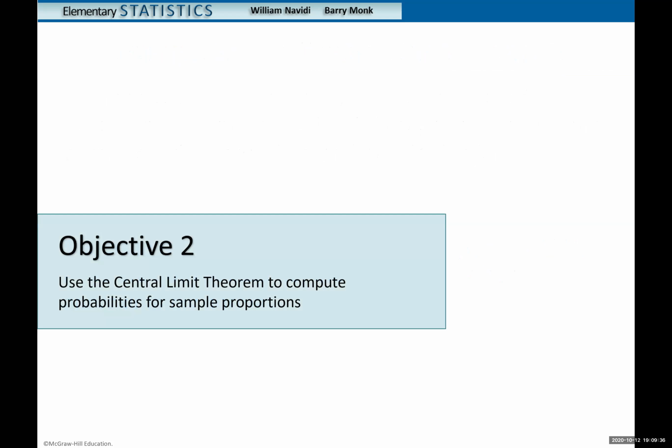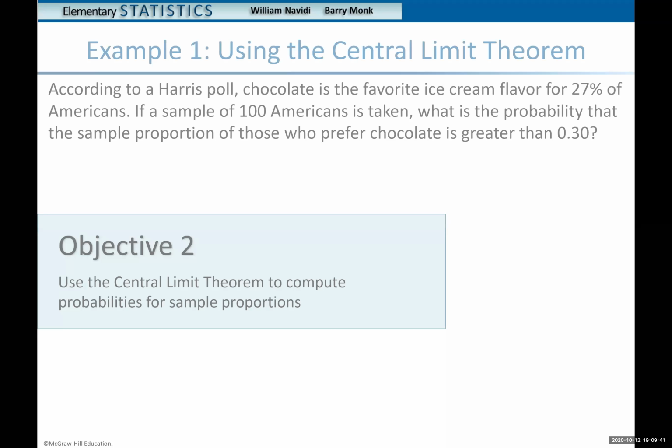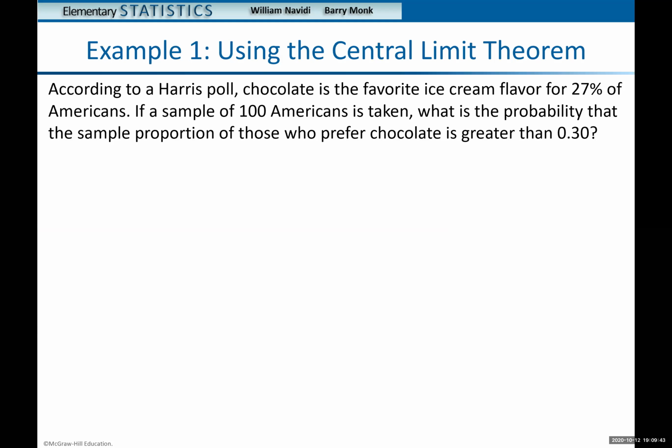Okay. All right, so next, let's use the central limit theorem to compute probabilities. Example 1: according to Harris Poll, chocolate is a favorite ice cream flavor for 27% of Americans. If a sample of 100 Americans is taken, what is the probability that the sample proportion of those who prefer chocolate is greater than 30%?